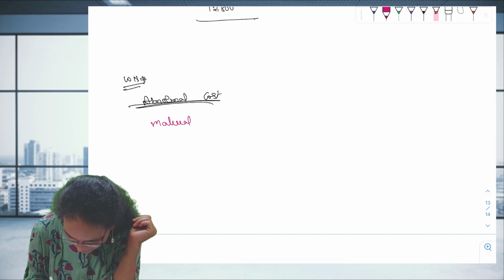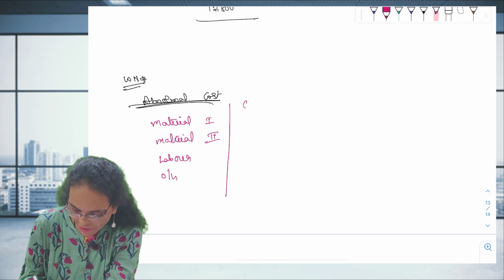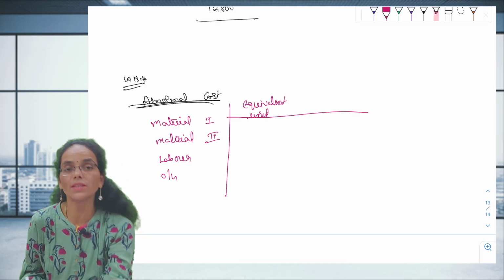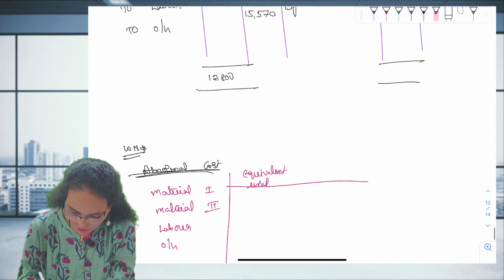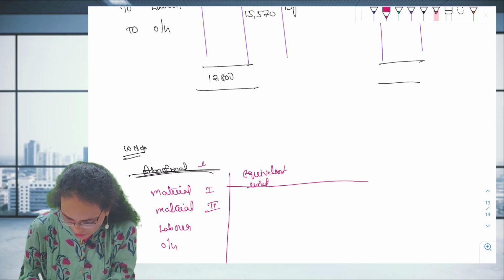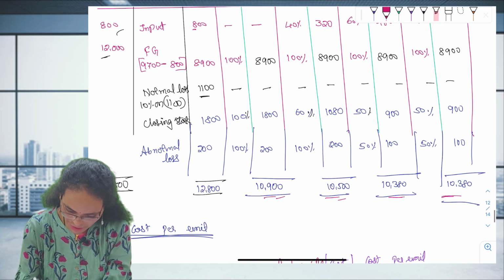Material 1, material 2, labor and overhead. How many equivalent units are in the abnormal units? Come back here.